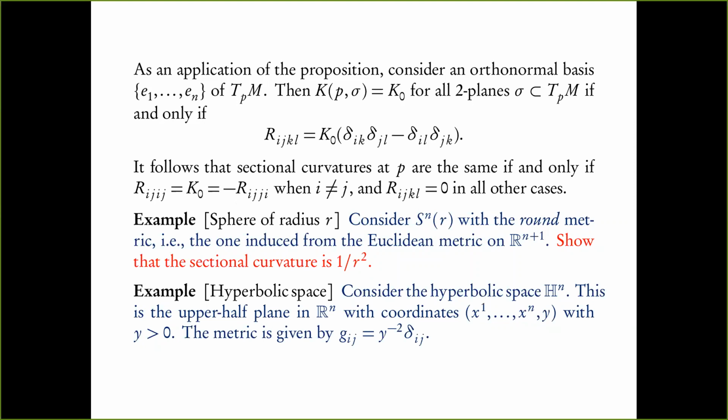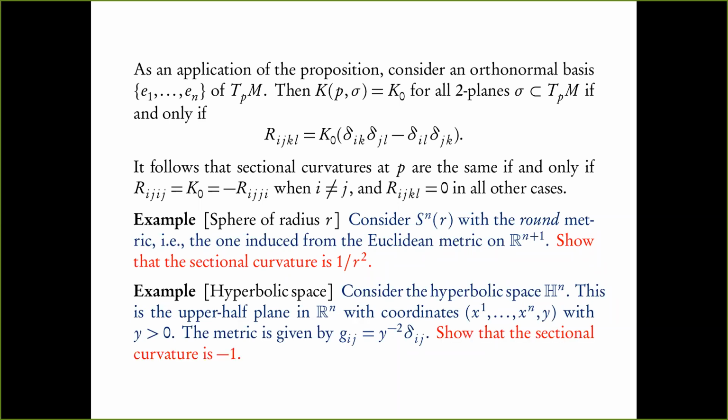So g_ij does not depend on the x_i's, but as you go toward the hyperplane y equal to 0, it takes longer and longer to approach it. So it scales in reverse, 1 over y squared. We have discussed this for the hyperbolic plane; this is just a generalization.